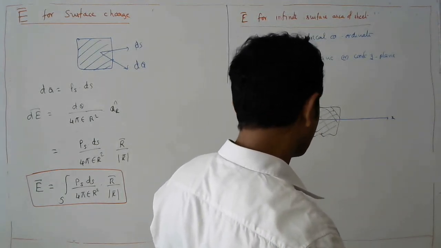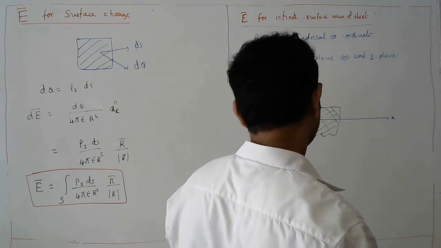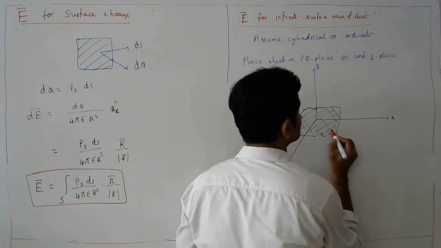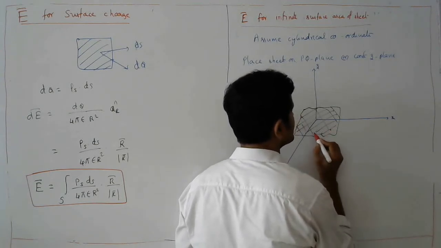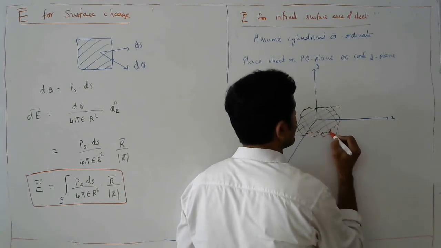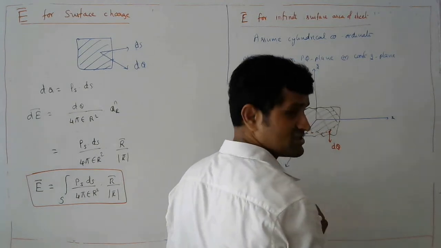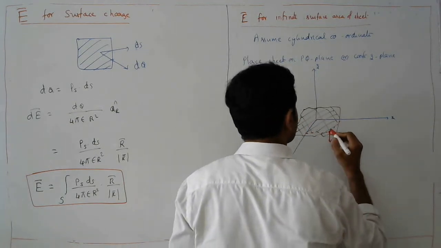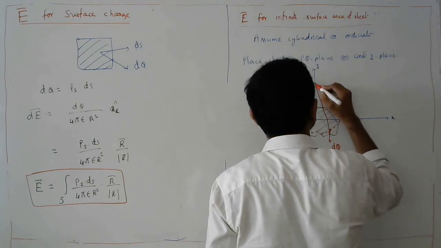Assume any one point on the xy plane, at this location. At this location the charge is dq. Now this charge has an effect on any point on the z-axis.